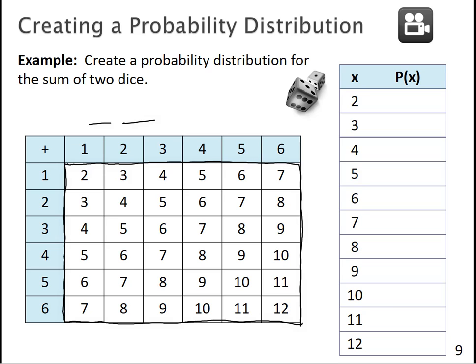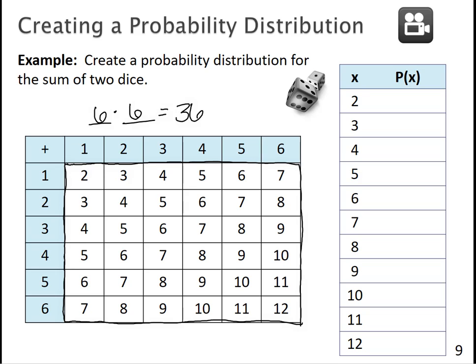So that means I have 6 possibilities for the first dice. For the second dice, it's the same thing. I'm going to, again, have 6 possibilities for the second dice. So with the multiplication rule, I multiply 6 times 6 to get 36. And if you were to look again at that middle table and count up all of those sums, you would have 36 sums, all right?